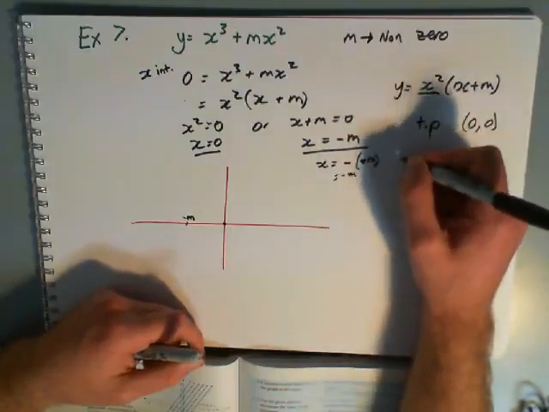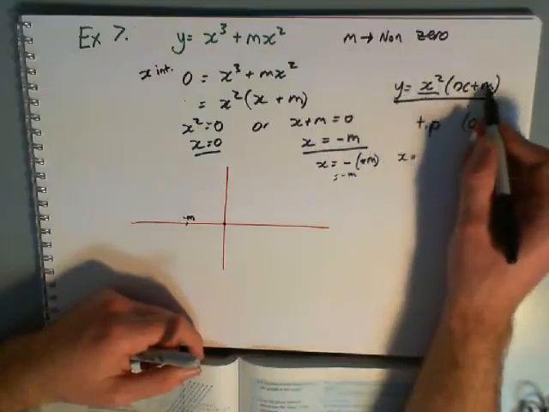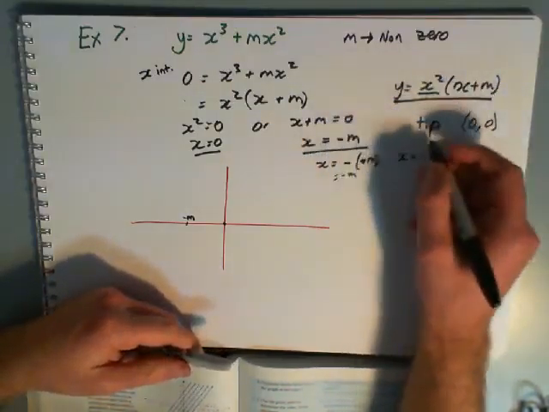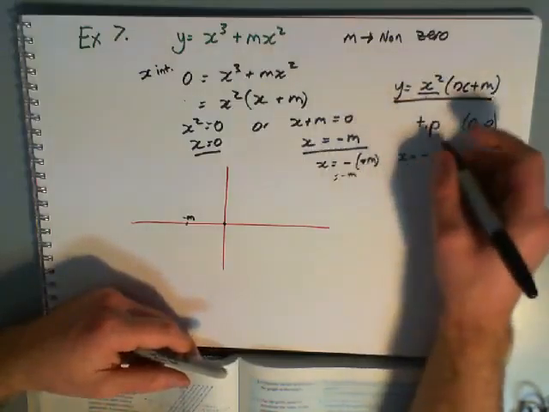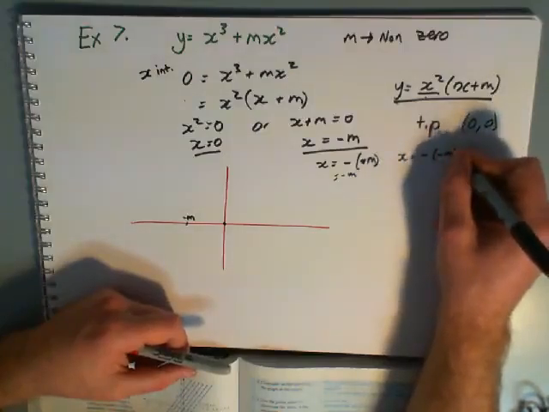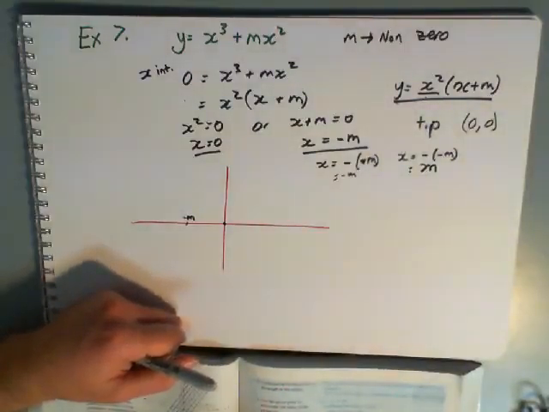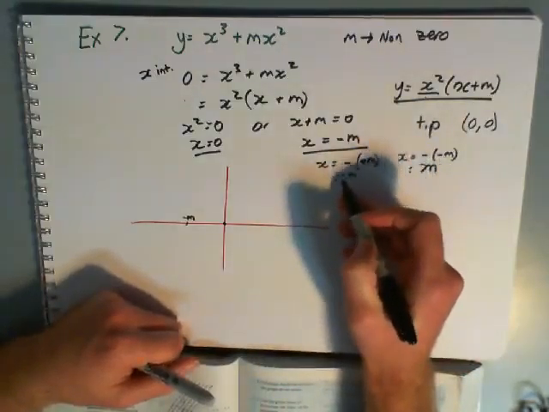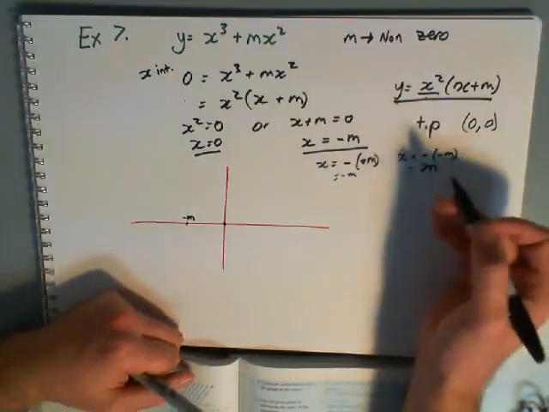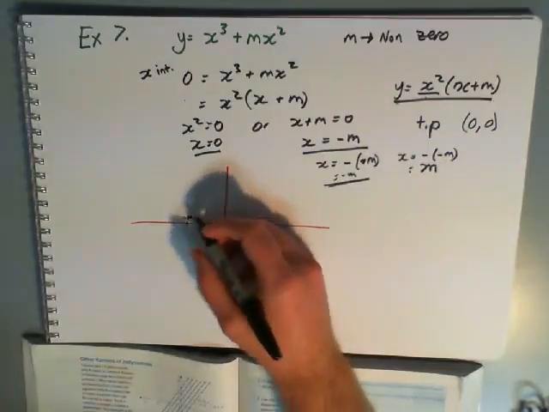If m was negative for our original equation, so if it was x take 2, for example, we'd have negative 2 for m, which gives us a positive number. So if m is positive, our x-intercept is going to be negative. If m is negative, it's going to be positive.